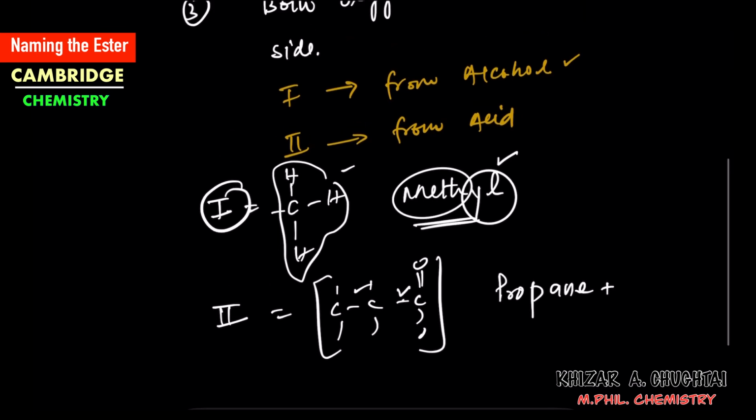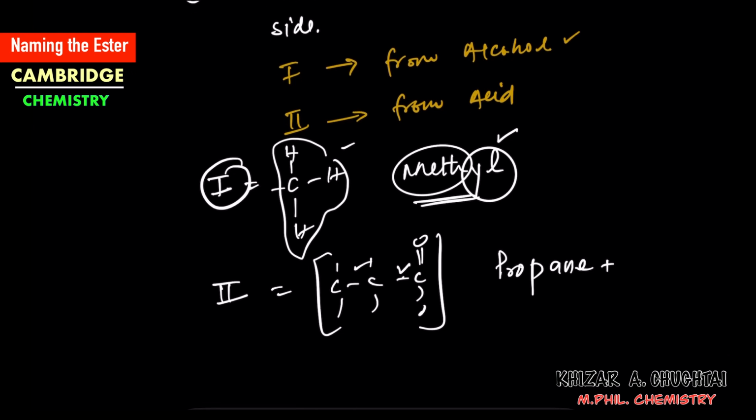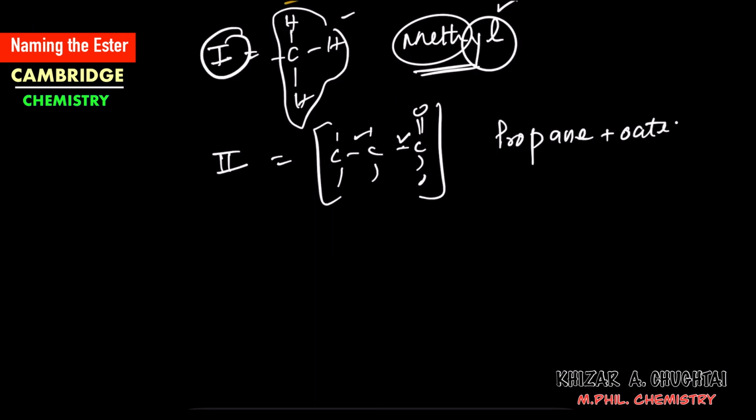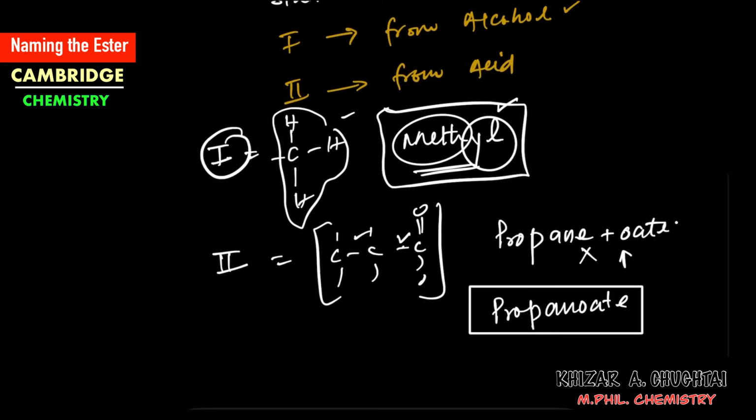Then this second portion is given a special notation, OATE. As this O is a vowel, I'm removing this E. So its name will be propanoate. This is the name of the second portion.